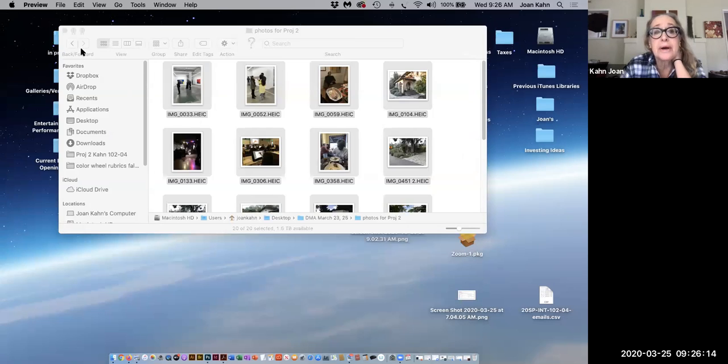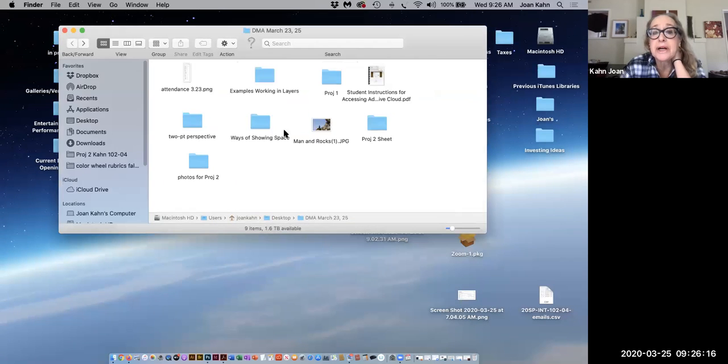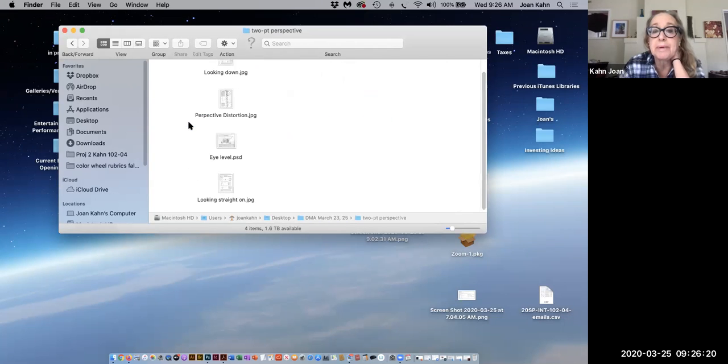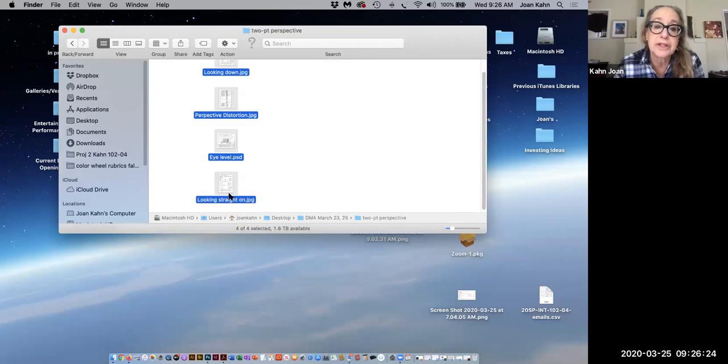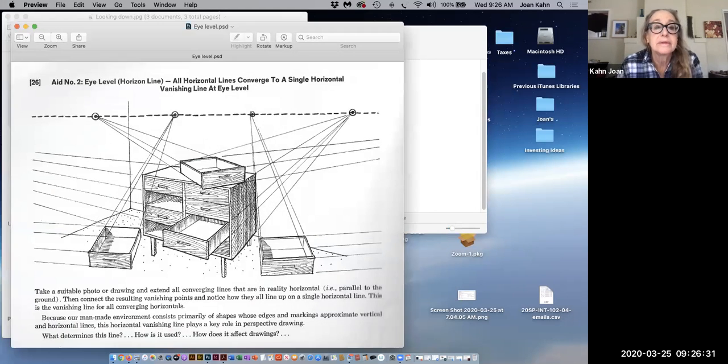Okay, so maybe I should talk a little bit about 2-point perspective now that I've brought it up. Here are some sheets that I have on it. So you could have different points on the horizon line.